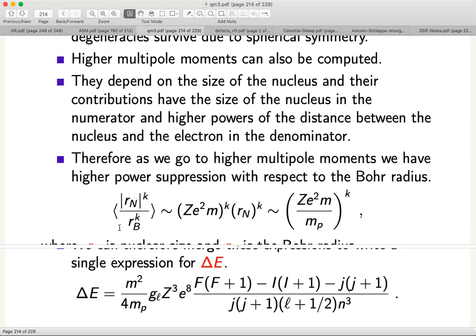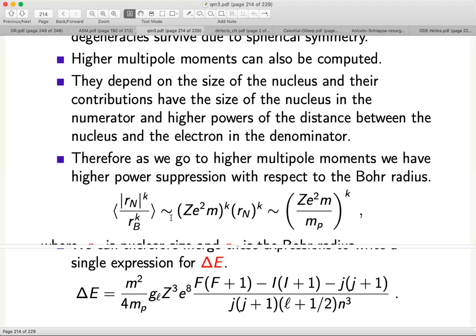What you have is the size of the nucleus upon the Bohr radius, the whole to the k. You are essentially computing the expectation value of this, for the 2^(k+1) multipole. Because the Bohr radius is in the denominator, you get Z squared m to the k in the numerator.